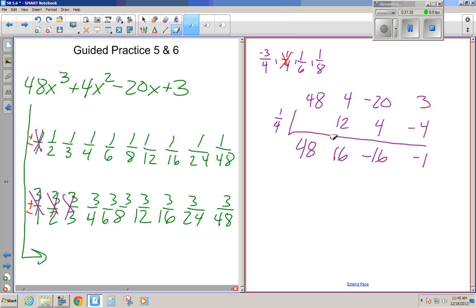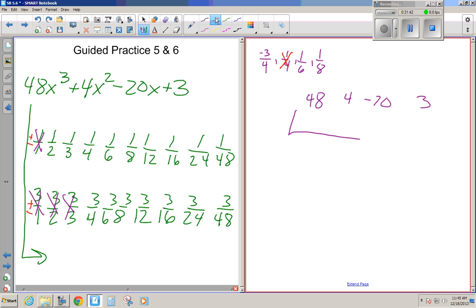So let's try 1/6. A sixth of 48, I think, is 8. Gives me 12.